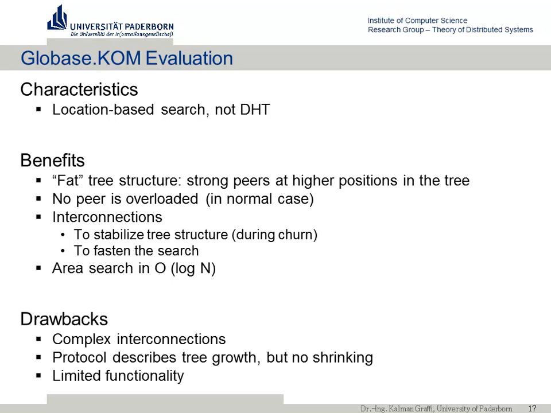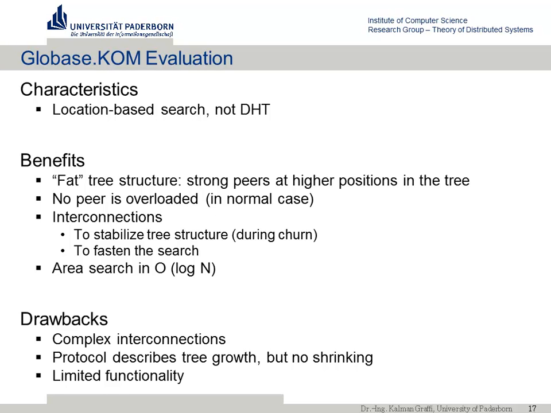So what are the drawbacks? The interconnections are somehow quite complex and not so natural: how and to which nodes to create them, and to make sure that you don't only map to one kind of nodes, but you have a diversification. That's not so easy.